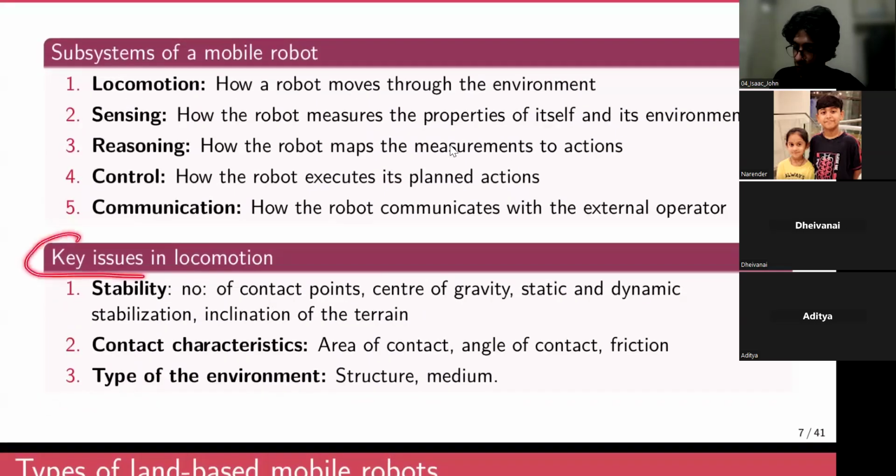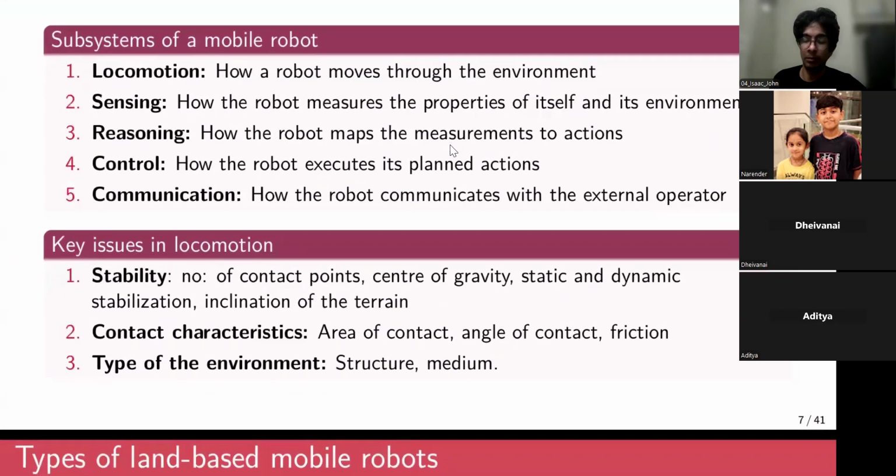And what are the key issues or the key challenges in locomotion? The most important challenge is the stability of a mobile robot. For example, if you consider a two-legged robot, in case of the slightest disturbance, it's very probable that it can fall over.